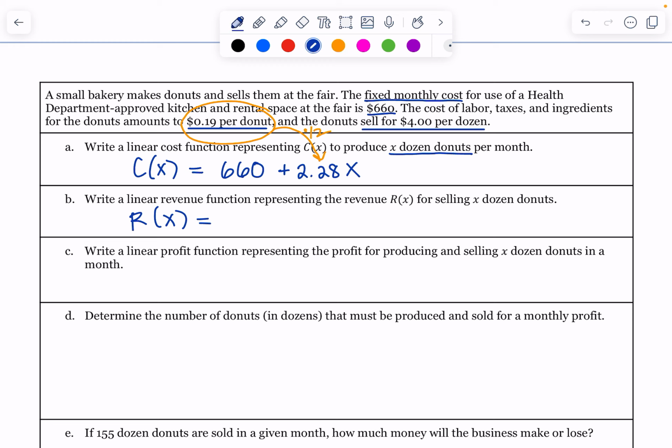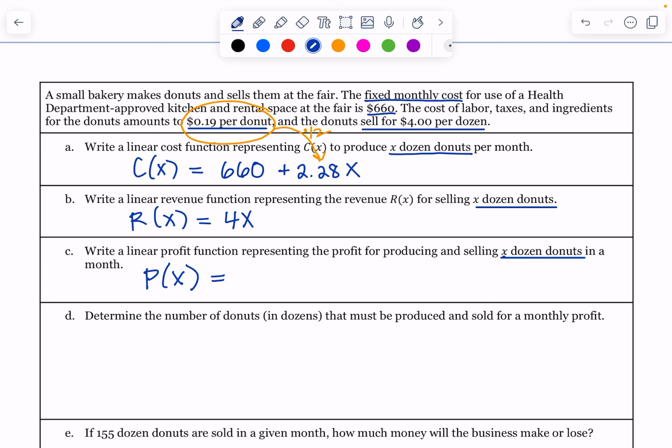So I'm just going to write here, multiply by 12. Okay, so for our revenue, $4 times x for each dozen of donuts, because x is dozens of donuts. All right, C says write a linear profit function, so P of x, representing the profit for producing and selling x dozen donuts in a month.